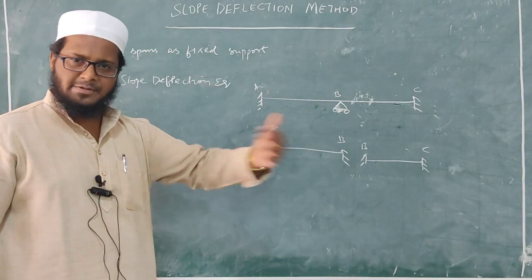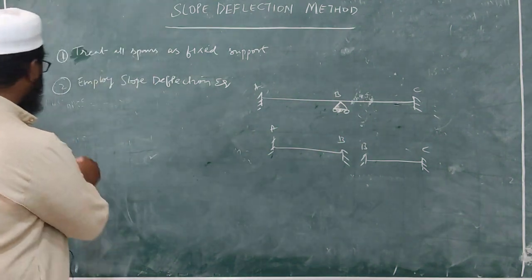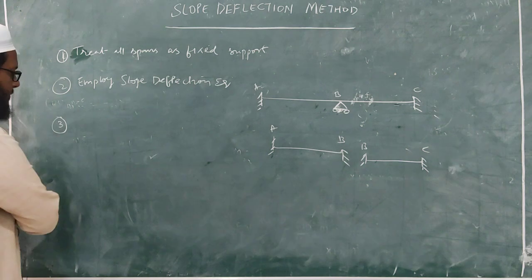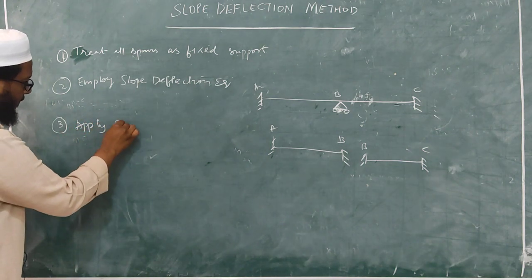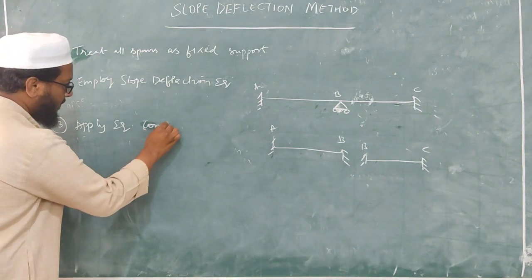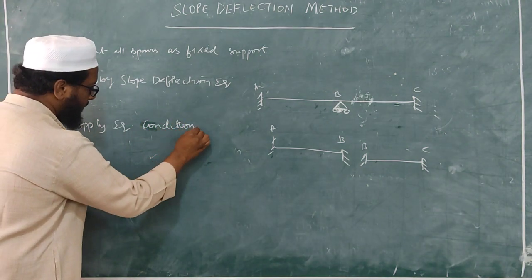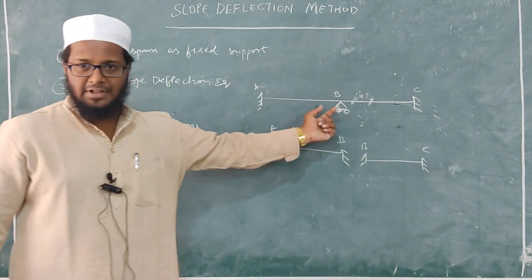We'll see all these steps. It is very simple, we do not have to worry about it. Now after that, in the third step, apply equilibrium conditions. Now what are these equilibrium conditions? Again we will see while solving the problem.